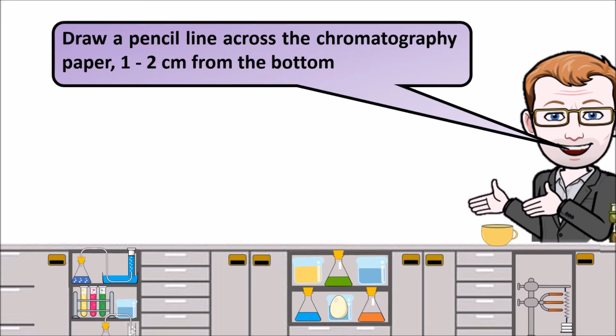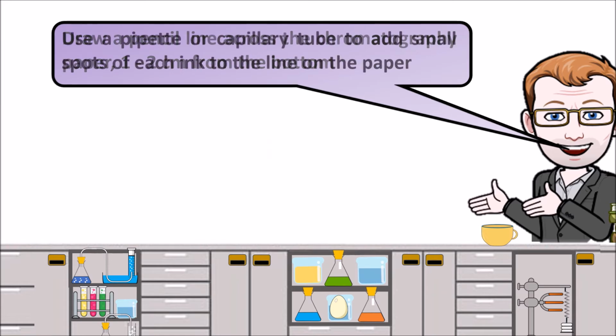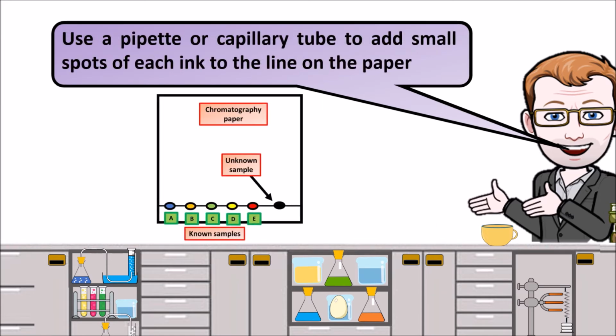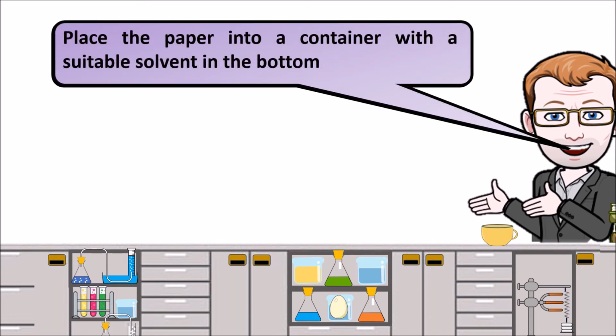So if we look at the method, you start off by drawing a pencil line across the bottom of the chromatography paper about 1 to 2 centimeters from the bottom. You then use a pipette or a capillary tube to add small spots of each ink to the line on the paper, including the unknown ink. Then place the paper into a container with a suitable solvent at the bottom.